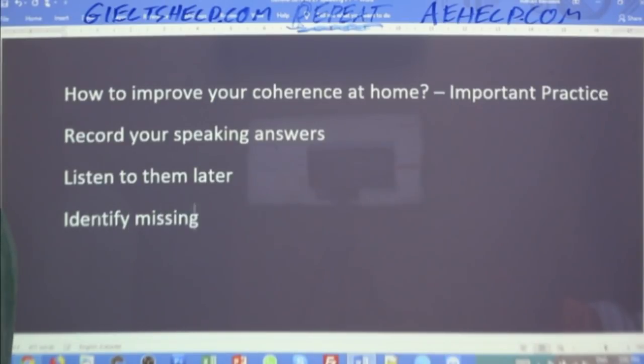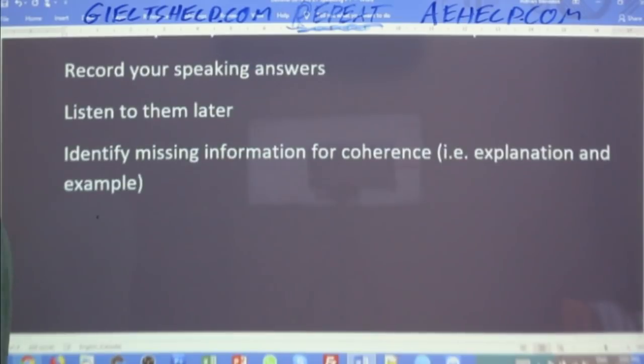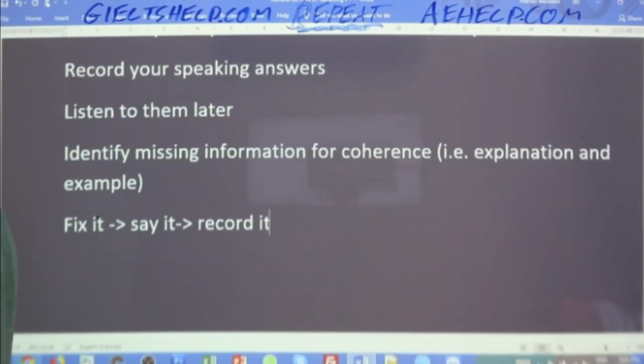Identify missing information for coherence, like explanation and example. Fix it. Say it. Record it. Listen to it again.